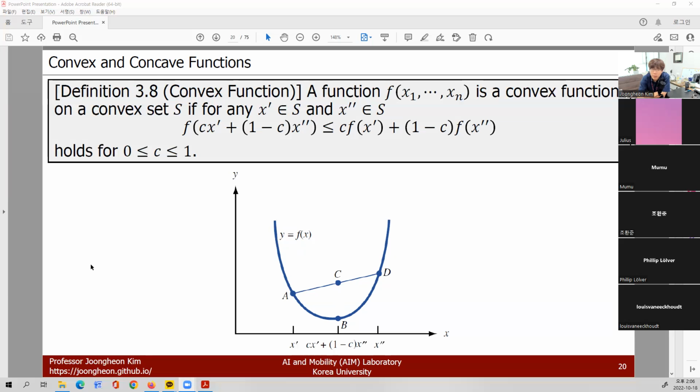It means that B is the minimum value of this function f, and this point B can be obtained in polynomial time. That is the given theory. B is the minimum of the given function f, and B can be obtained in polynomial time. That is convex optimization.